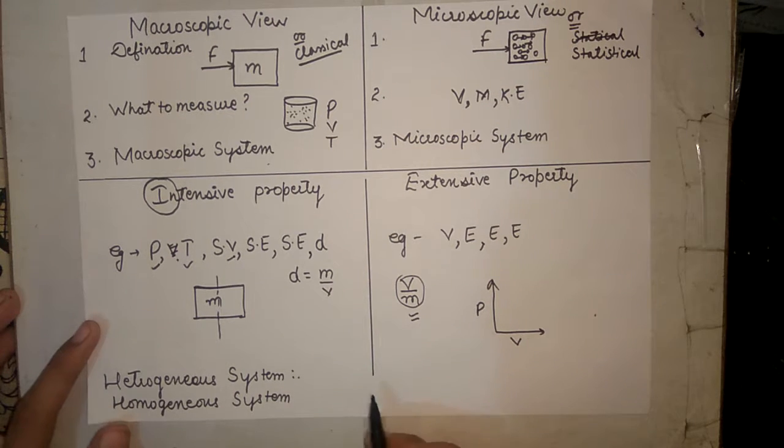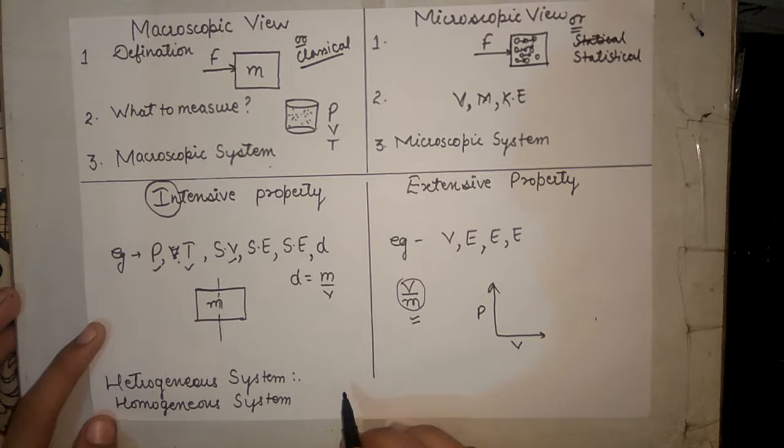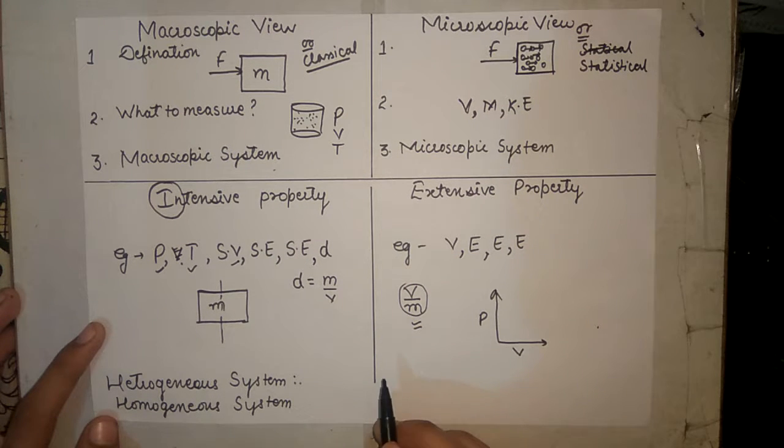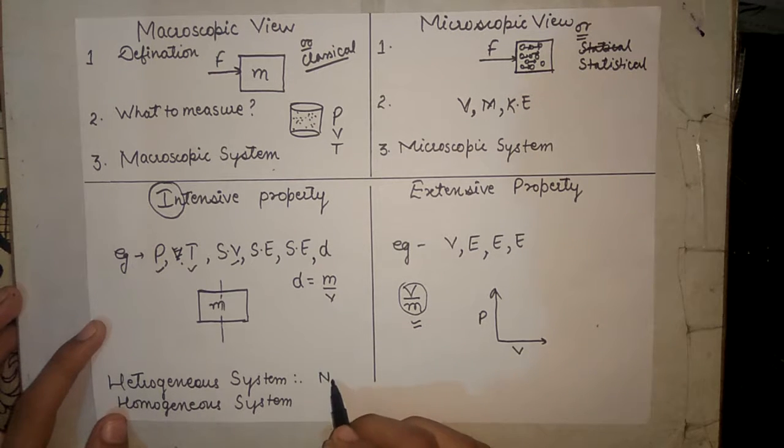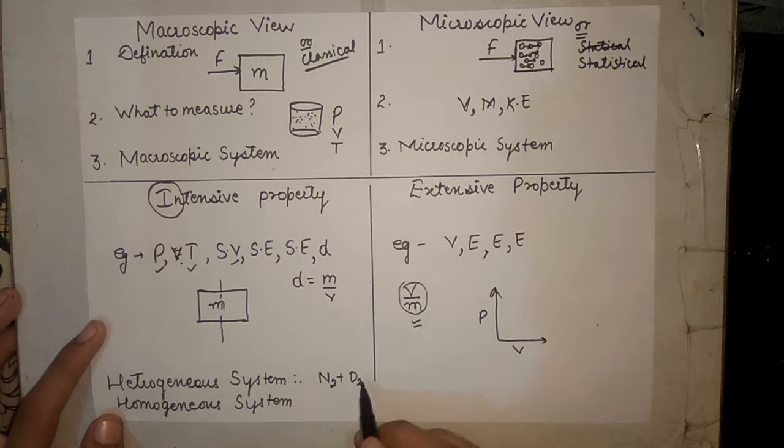Okay, now the heterogeneous system. A heterogeneous system is a system which consists of one phase only, like nitrogen plus oxygen. There are gases in it, meaning only a gaseous phase in this example.